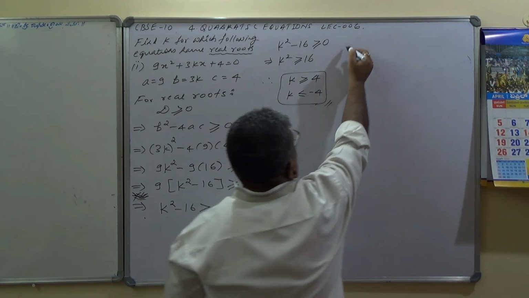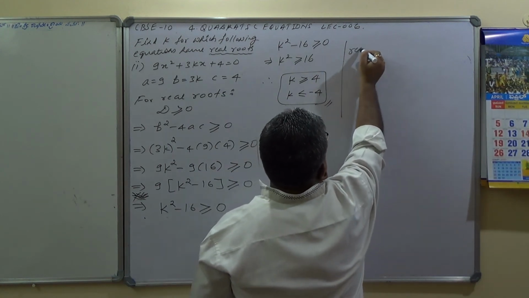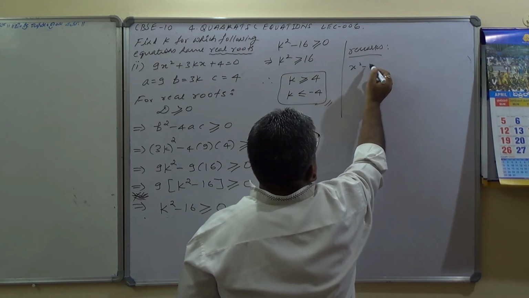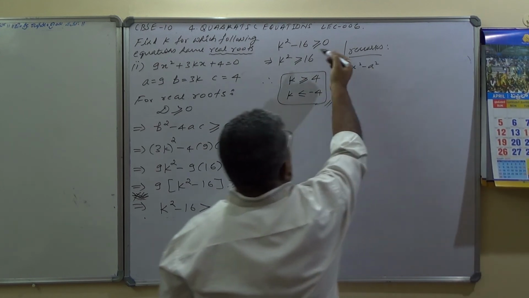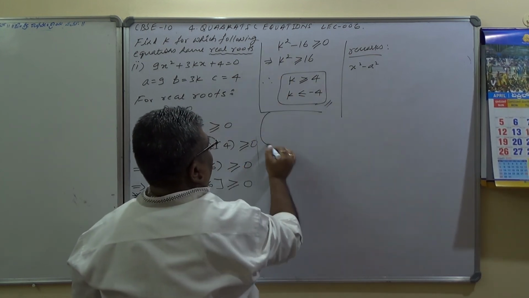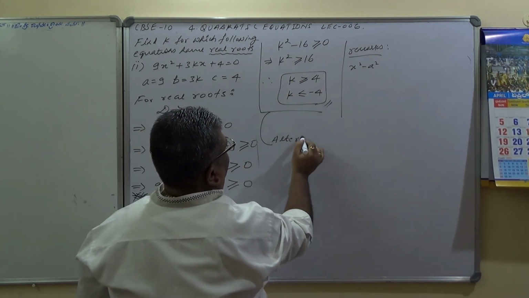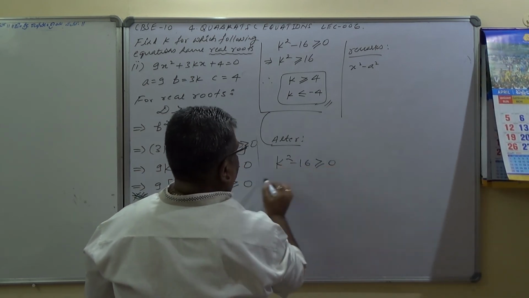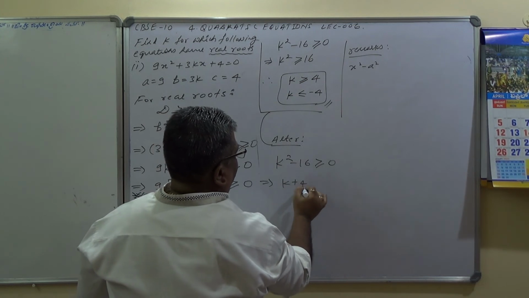So here I write remarks. This I can also write like this, alternatively, for your information. K square minus 16 should be greater than or equal to 0 implies k plus 4.